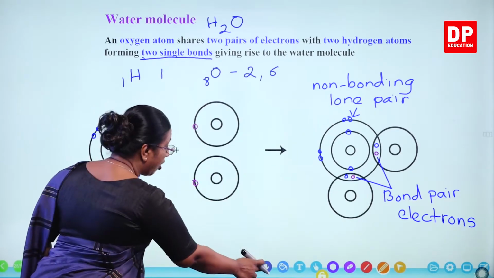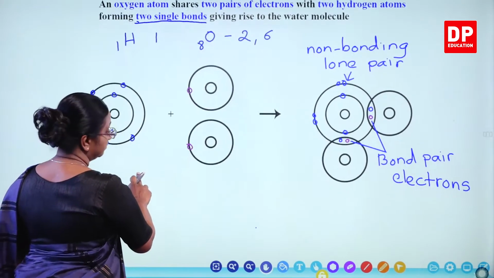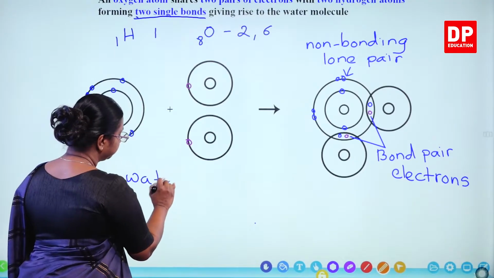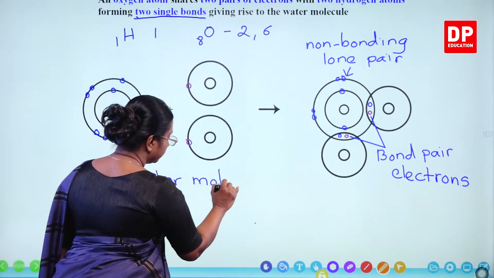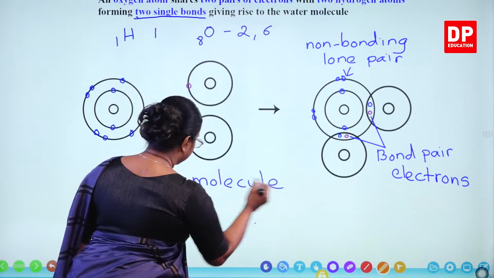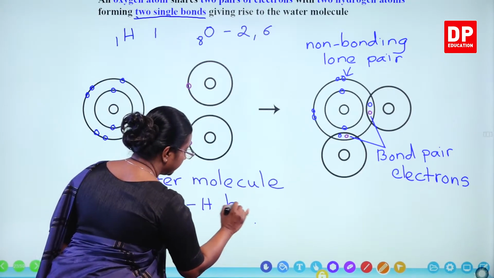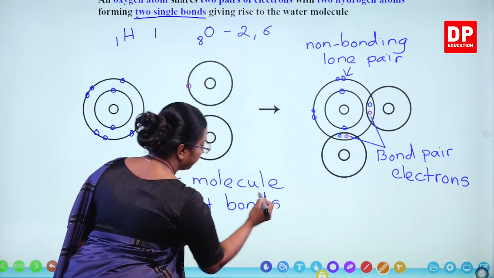So, in a water molecule, there are 2 OH bonds that you can see.